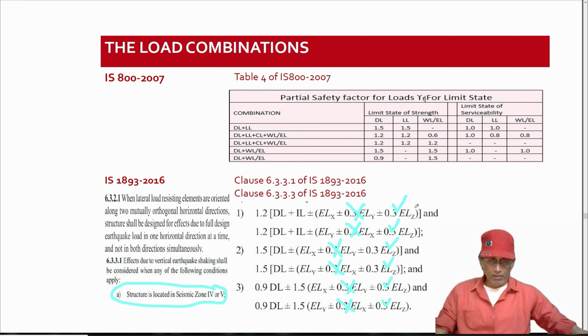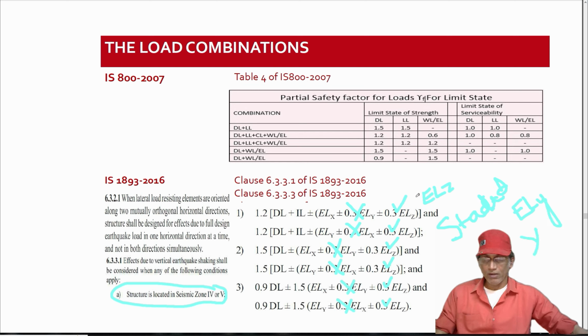Now see, in the code this ELZ is in the vertical direction, but for STAAD Pro it is ELY which is in the vertical direction. That is, the Y direction is vertical, and our X and Z directions are the horizontal directions.